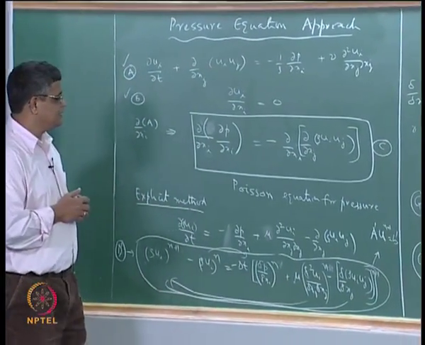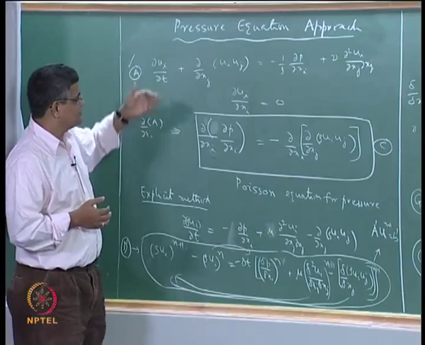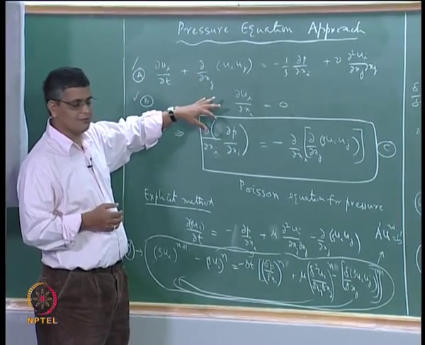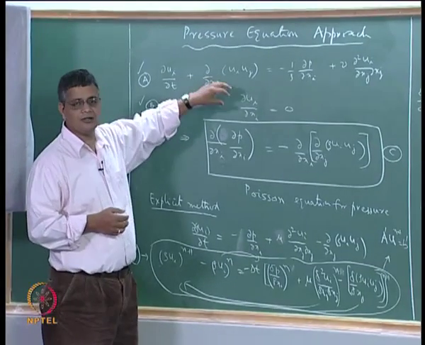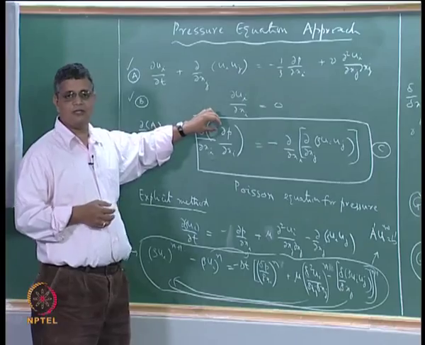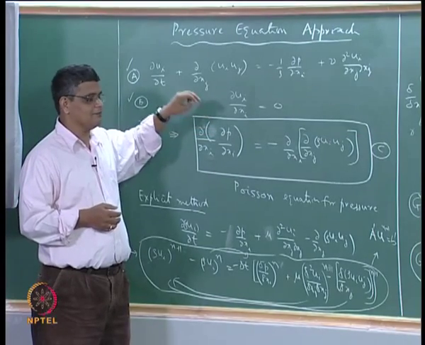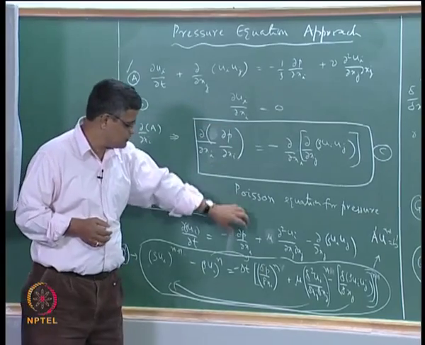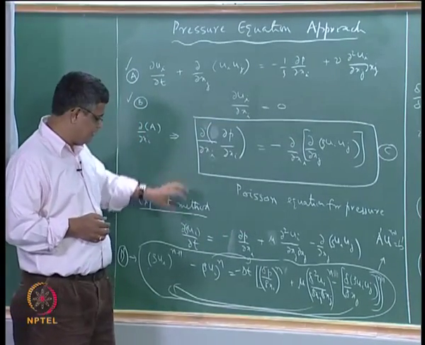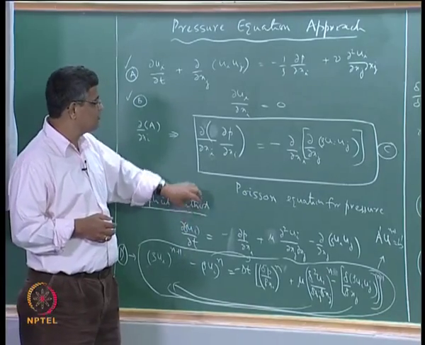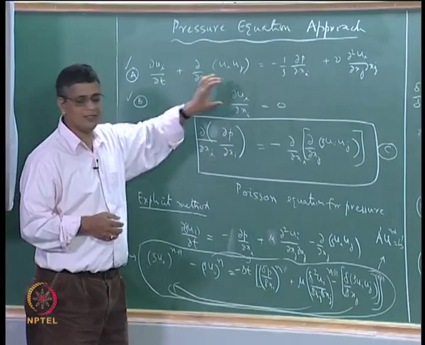Okay, the same idea, that is, we have a discretized equation and we have a continuity equation where pressure does not appear, but we reformulate the continuity equation in such a way that correct pressure field is obtained, and by correct pressure field we mean that pressure field which when substituted into the momentum equation will enable us to get the correct velocity field, or the correct velocity field which will satisfy the continuity equation.